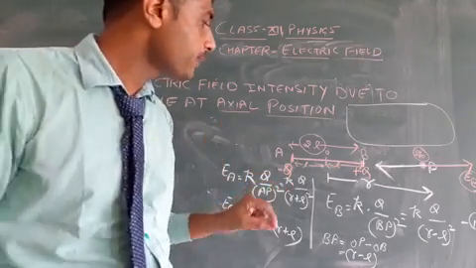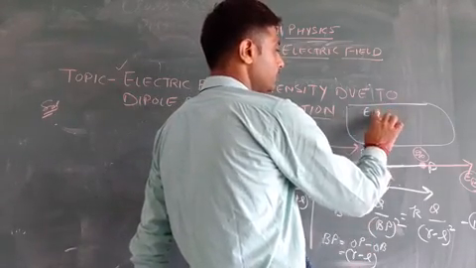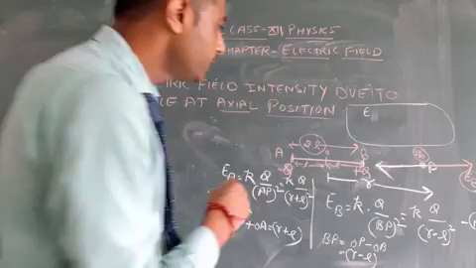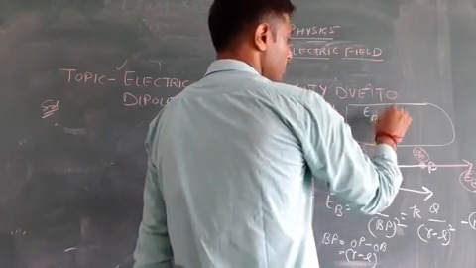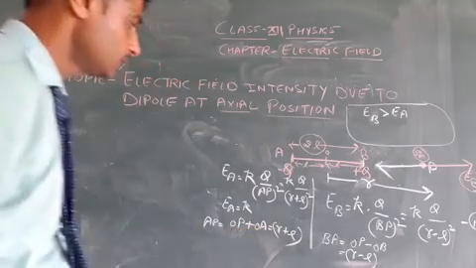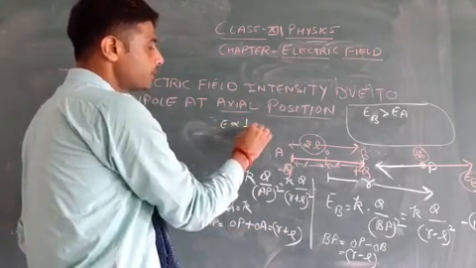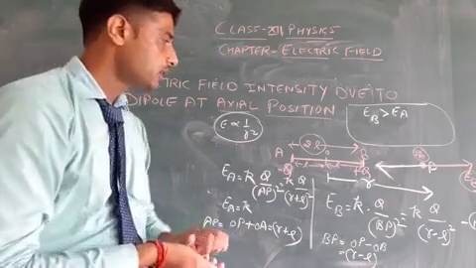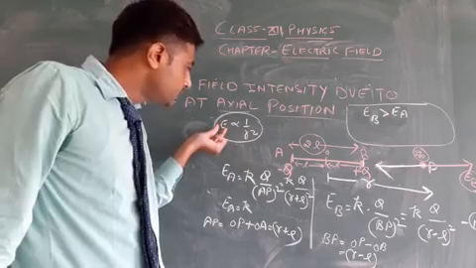So that's why the value of EB is more than the value of EA, because intensity is inversely proportional to distance, and this distance is less, it means intensity is more.